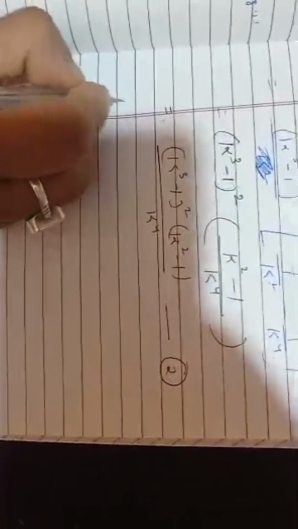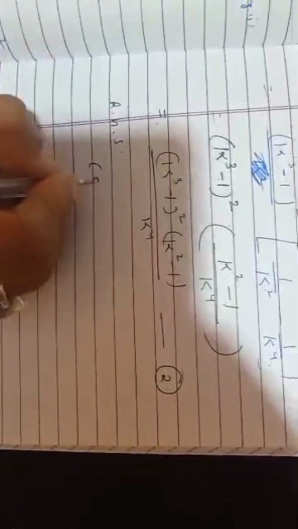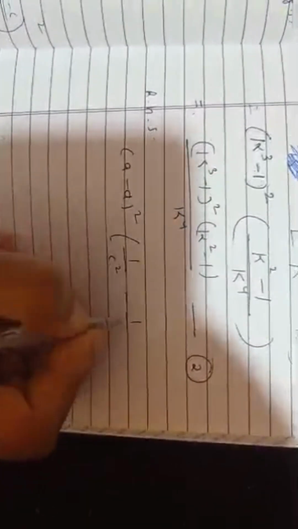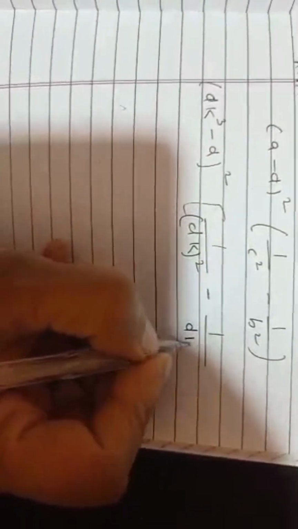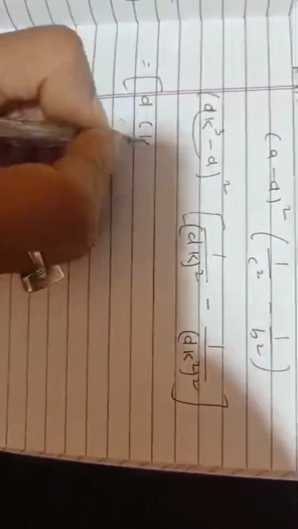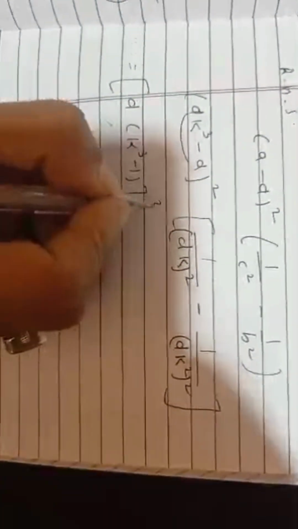Now on solving the RHS, the RHS is (a minus d) whole square (1 upon c square minus 1 upon b square), right? The value of a is d k cube minus d whole square, and the value of c is dk, yes, c square is d k square, minus 1 upon this b square, which means (d k square) whole square, right? Now take out d as a common factor. Inside the bracket you will get this (k cube minus 1) whole square.